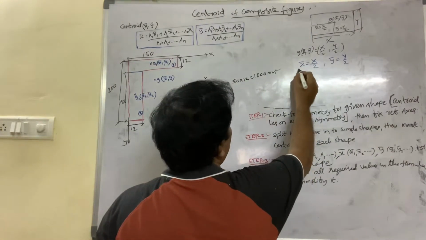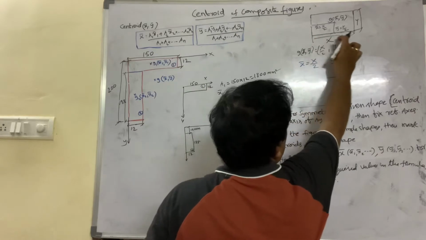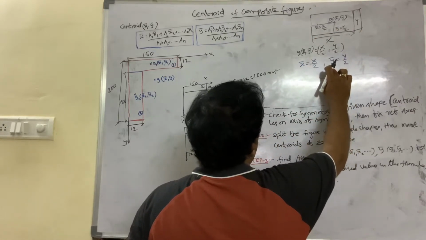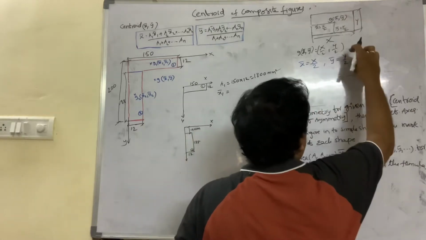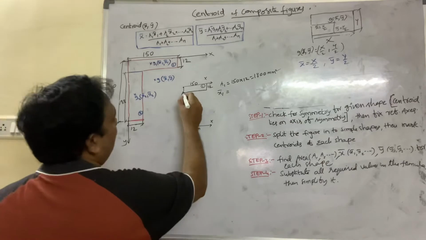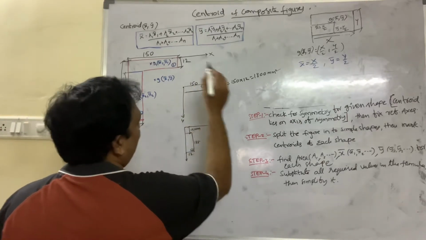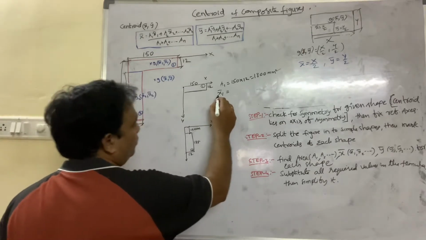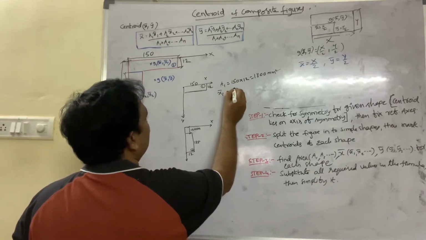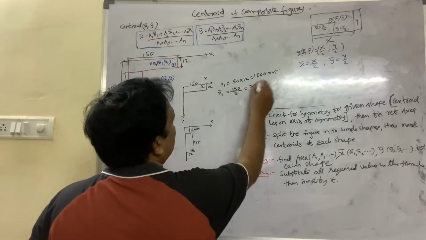So for this member with the dimensions 150 and 12, x1 bar is half the horizontal distance, 150 by 2, that is 75.